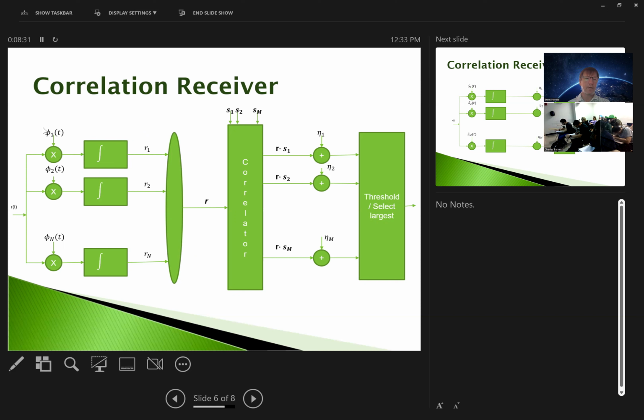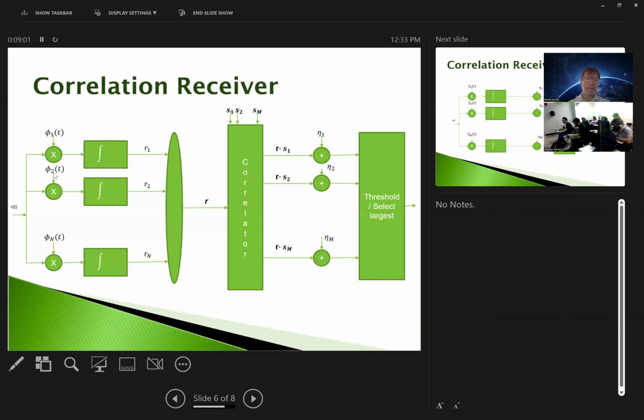These are the basis functions. Think Fourier series expansion, for example. An exponential or a cosine Fourier series expansion is one example of a set of basis functions. So this could be cosine omega t, this could be cosine 2 omega t, this could be cosine n omega t as a basis function.